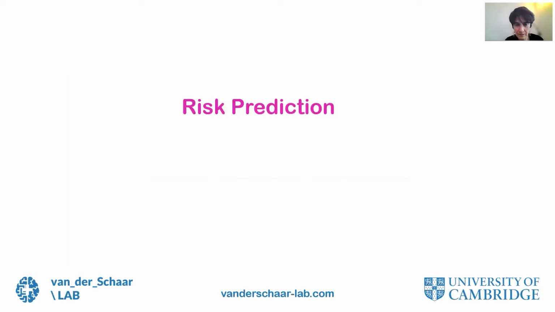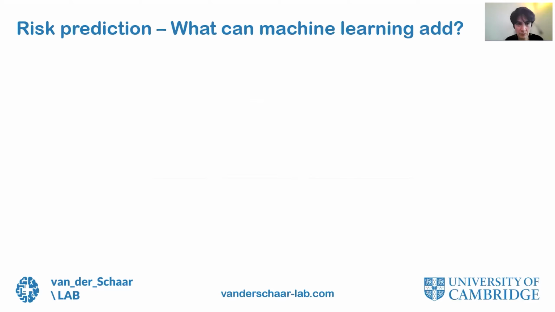on our website. Let me start with risk prediction, because risk prediction is what is currently used a lot to do early diagnosis and detection. What can machine learning add to this very mature area? First, we can move from population risk to personalized risk. Number two, we can also add competing risks.